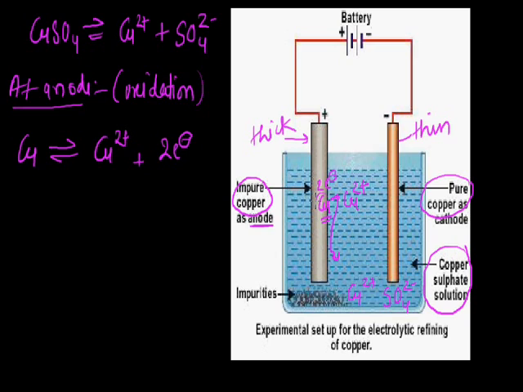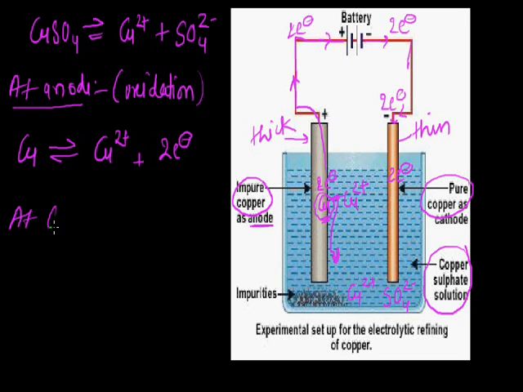So the copper atom is converted into an ion and comes into the solution, and the 2 electrons present here are attracted by the positive terminal and enter it. Simultaneously, 2 electrons come out from the negative side to maintain neutrality. Then 2 electrons flow from here and enter the electrode, that is the cathode.